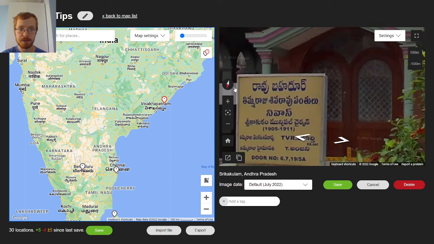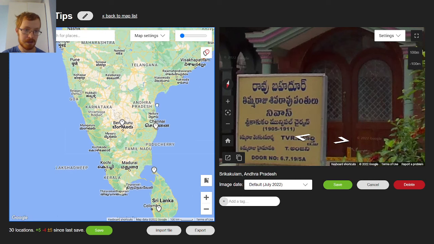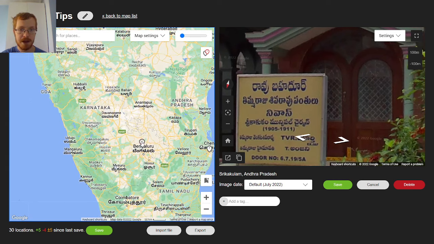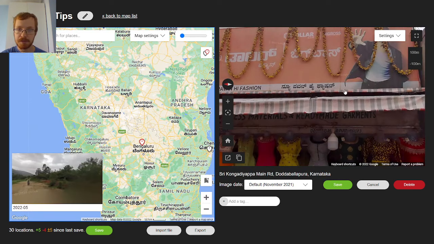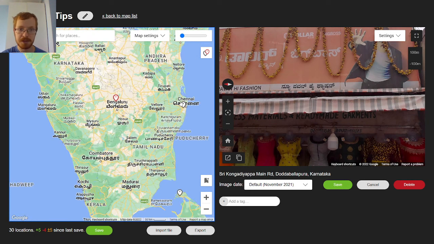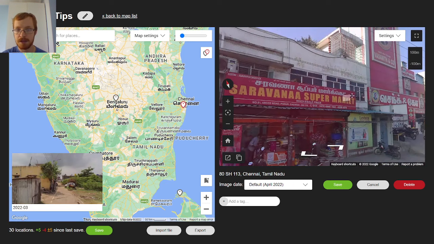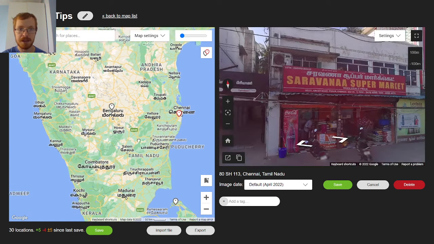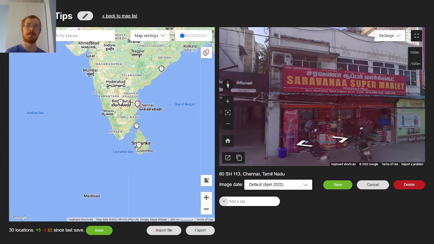So this is an example of Telugu, and in the state of Karnataka, you have the Kannada script, and then around Tamil Nadu, which is around Chennai and south of Chennai, you have the Tamil script, which has a lot more of these straight letters than you see in the other scripts in southern India.